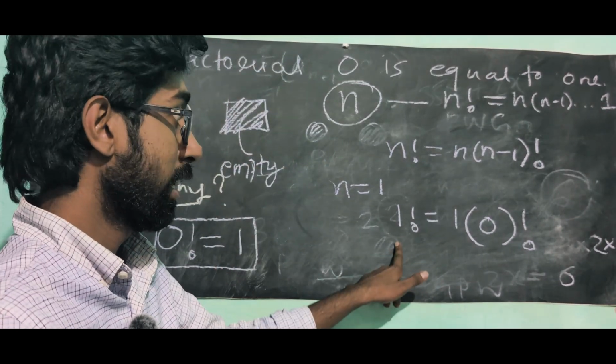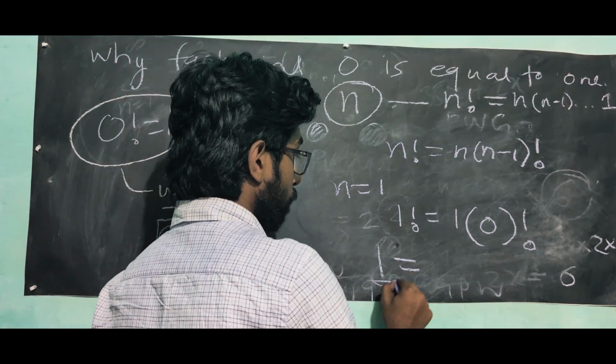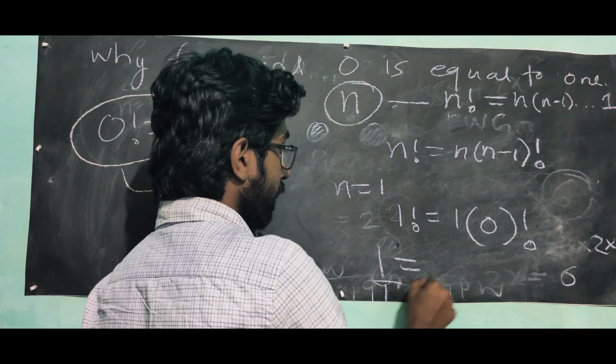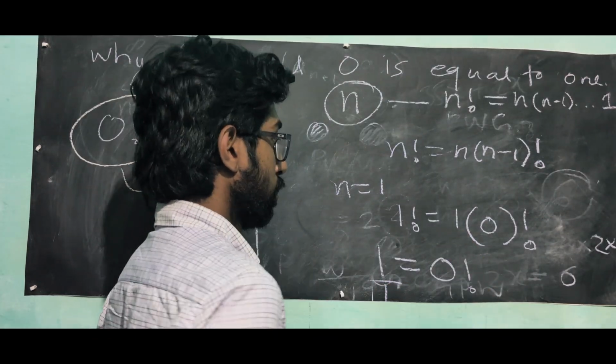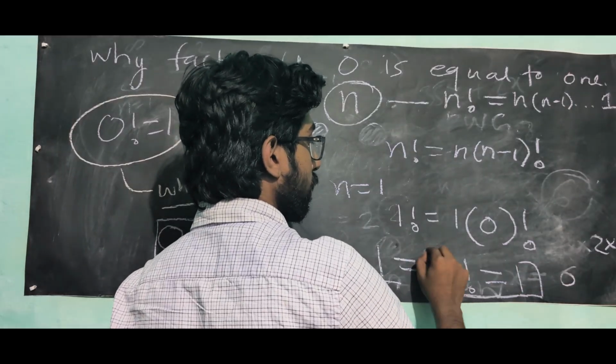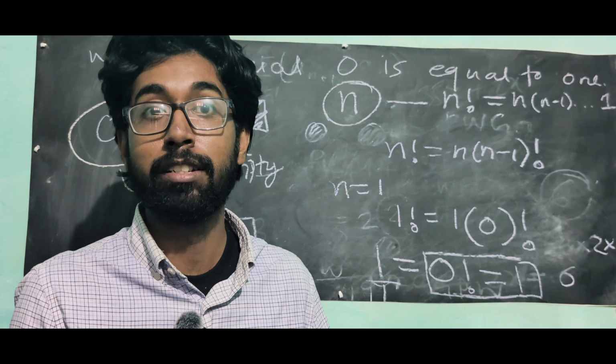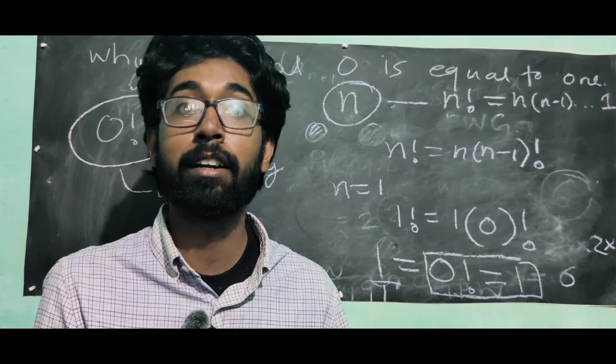Since 1 factorial is nothing but 1, dividing gives that 0 factorial is nothing but 1. So here we have the mathematical proof that 0 factorial is equal to 1.